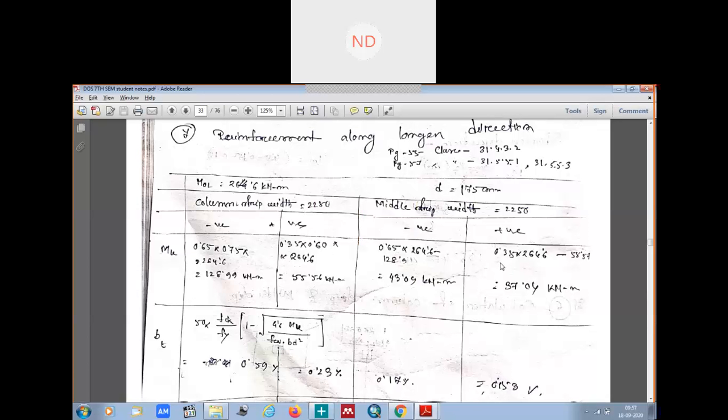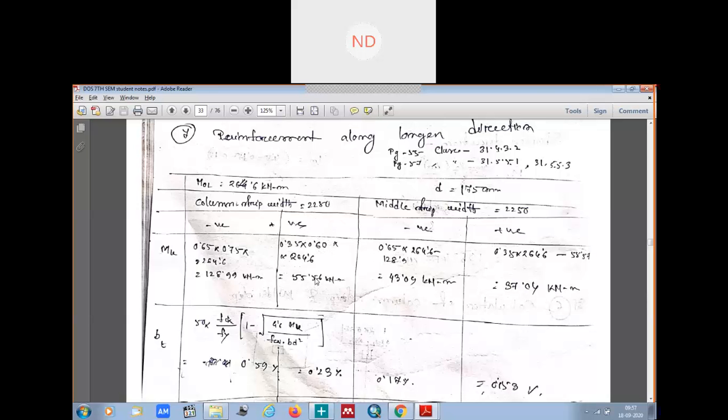Now similarly for the positive moment, we know 35% is to be distributed, so that's why 0.35. Similarly here we'll multiply with our moment along the longer direction which we had calculated, and we have subtracted 55.56, because for the column strip positive moment we have already resisted, given the reinforcement we will be giving this much resistance.